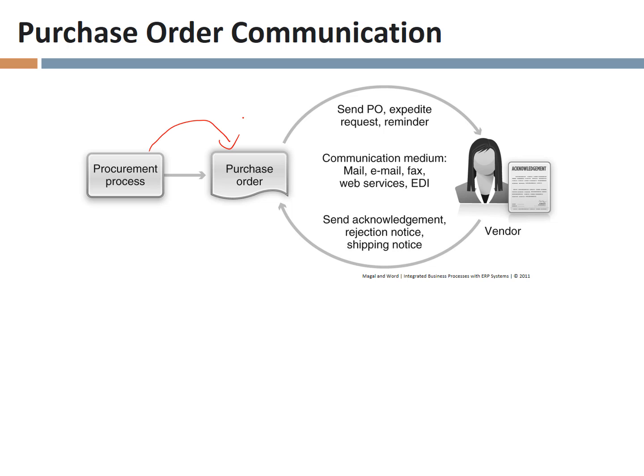For example, most organizations will have their systems set up to automatically send purchase orders. We might send a purchase order to a given vendor through electronic data interchange, which means that our computer talks to their computer. Alternately, we might have our system set up to fax orders to different vendors. And that happens here on campus.